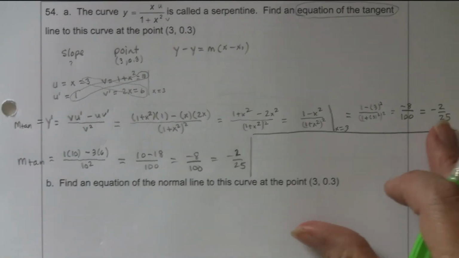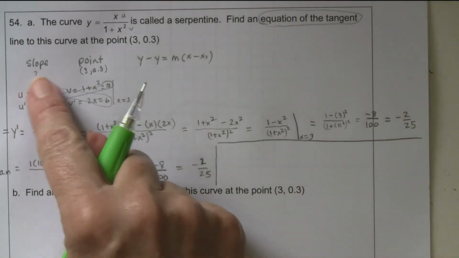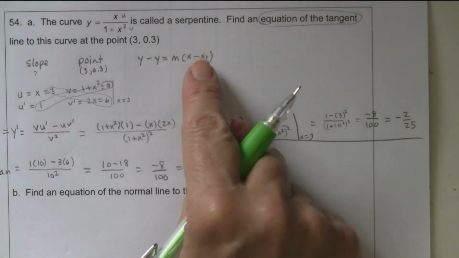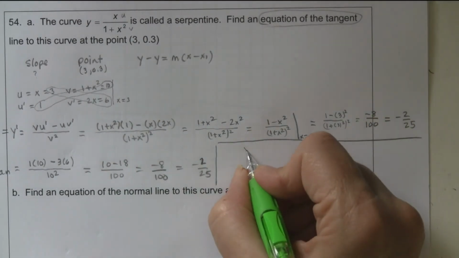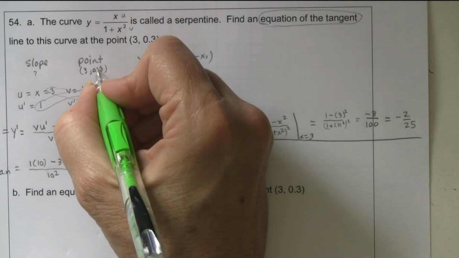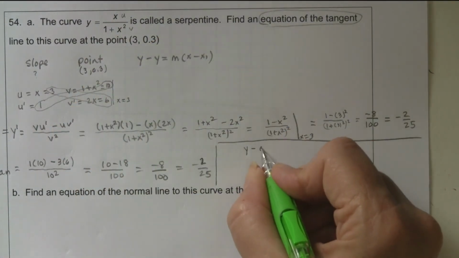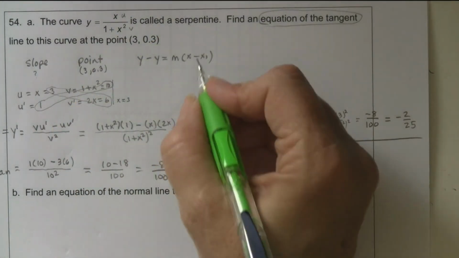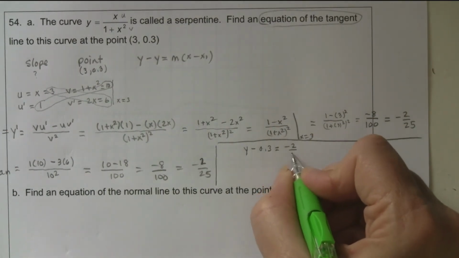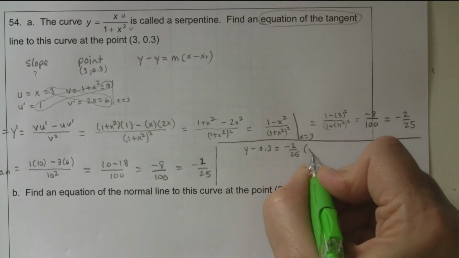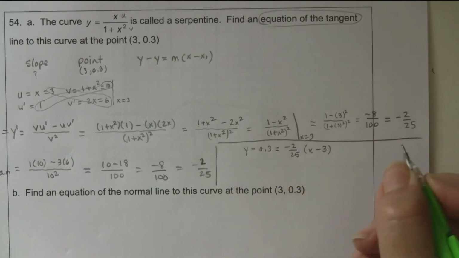But now I do know the slope, right? I needed to know the slope, and I needed to know the point, and I'm plugging it into that formula right there. So that's what I'm going to do now. So y minus 0.3 times the slope, which is negative 2 over 25, times x minus 3.